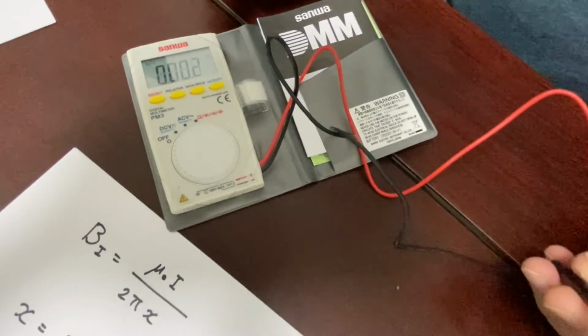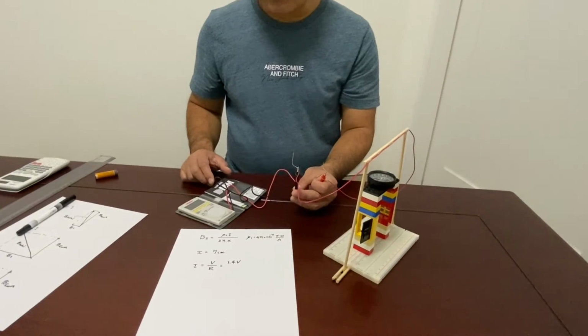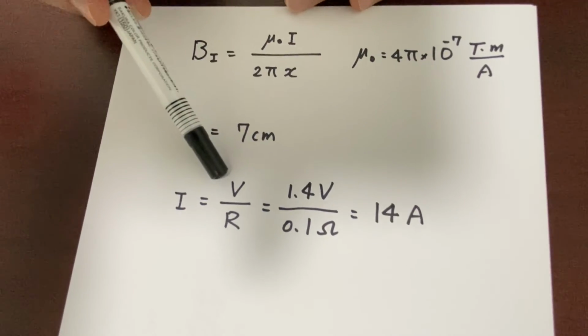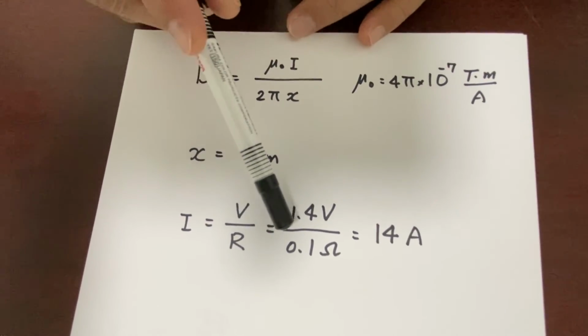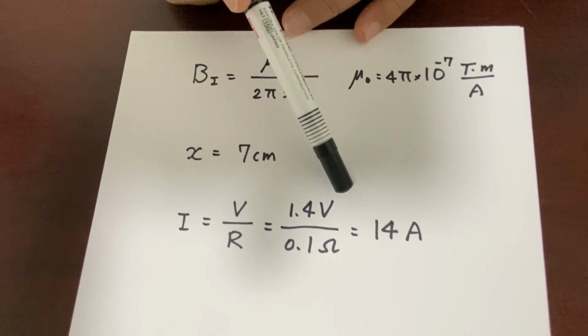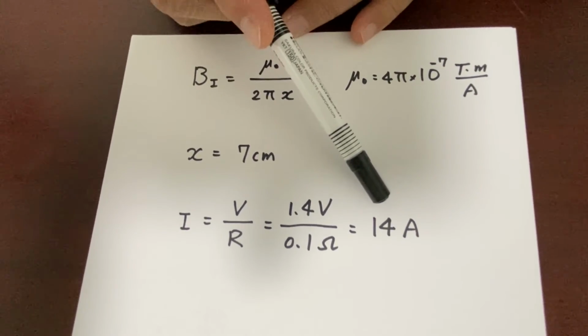You can find that the resistance is 0.1 ohm. So R is 0.1 ohm. The voltage of the battery is 1.4 volts, and the resistance R is measured to be 0.1 ohm. By calculating these numbers, the current becomes 14 amperes.